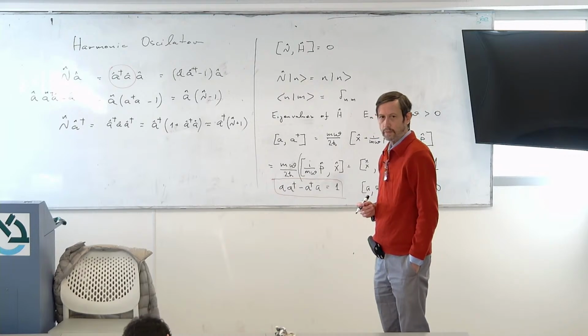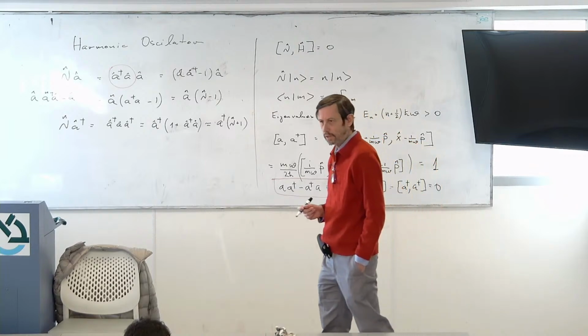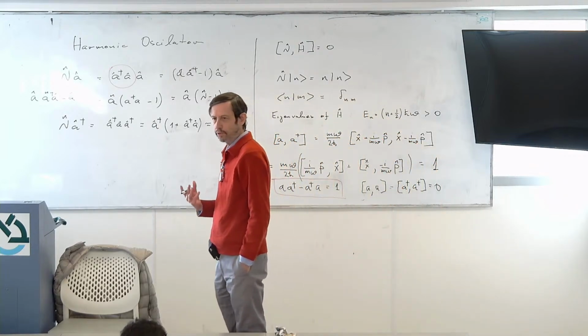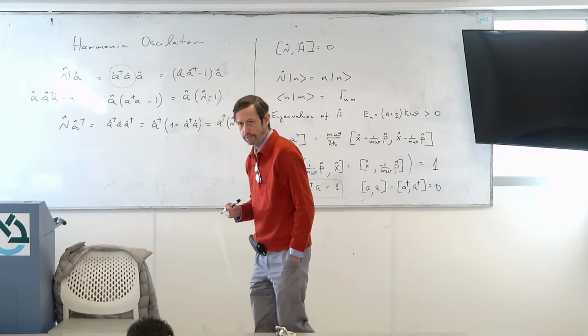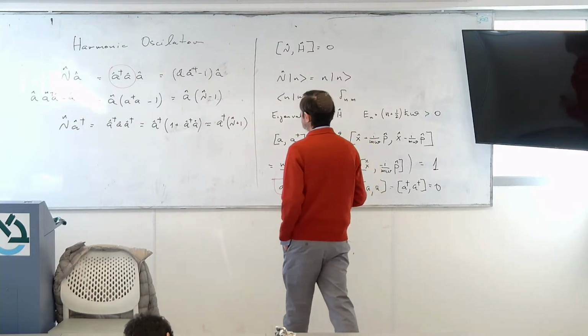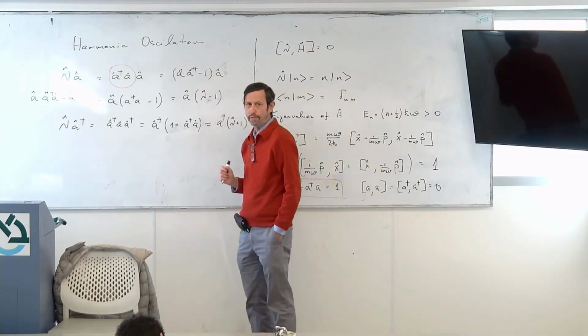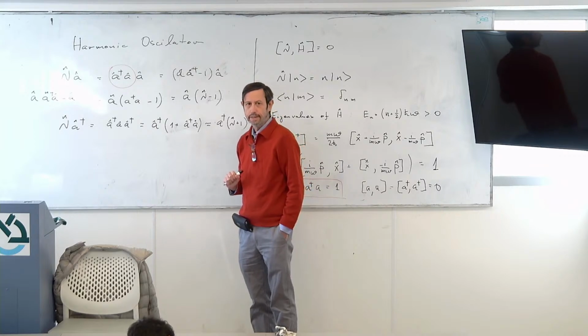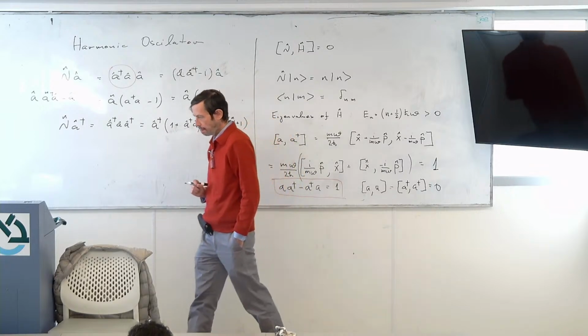Okay, so except doing some exercise with the algebra of operators, what did I gain out of it? Actually, it tells me something very profound about the operator n. Why?